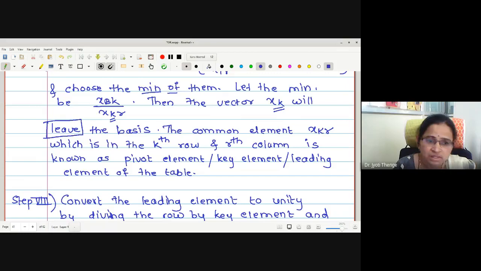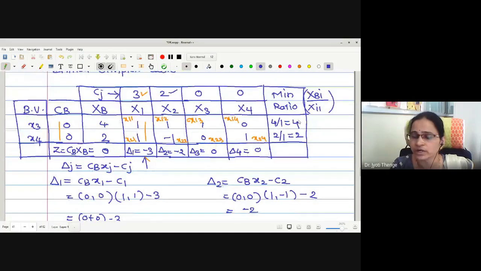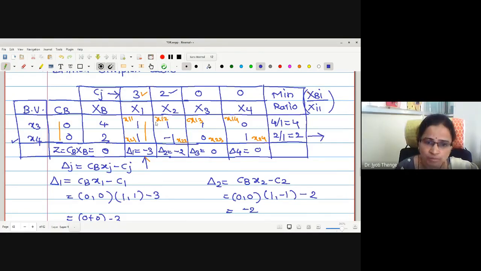Therefore we have to check among the two entries 4 and 2, which one is minimum? This one is minimum, and this minimum is obtained for the x4 variable. Therefore, this x4 will leave the basis. Now, the entering column is x1, and the leaving row will be x4.